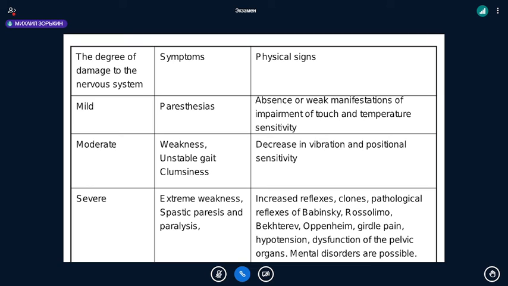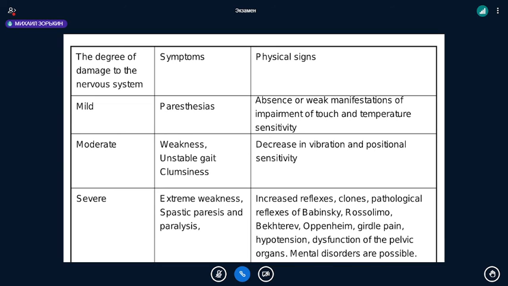Depending on the degree of the funicular myelosis, B12 deficiency anemia must be classified as mild, moderate, and severe. Mild: only absence or weak manifestations of the impairment of touch and temperature sensitivity. Moderate: decrease in vibration and positional sensitivity.